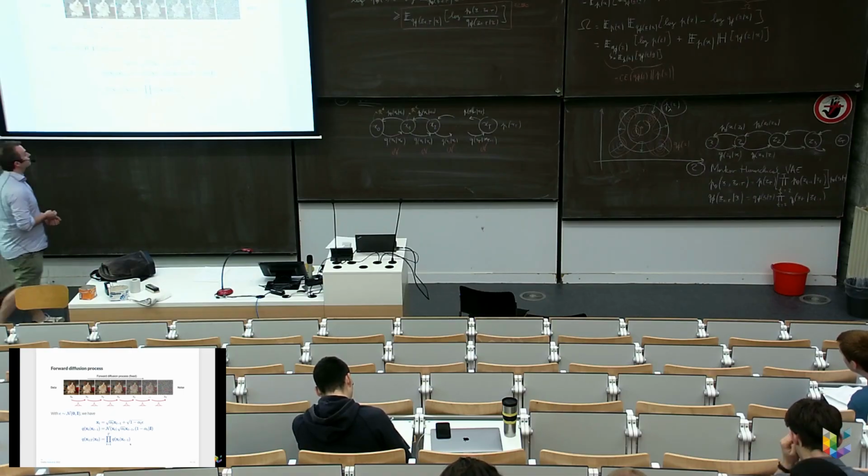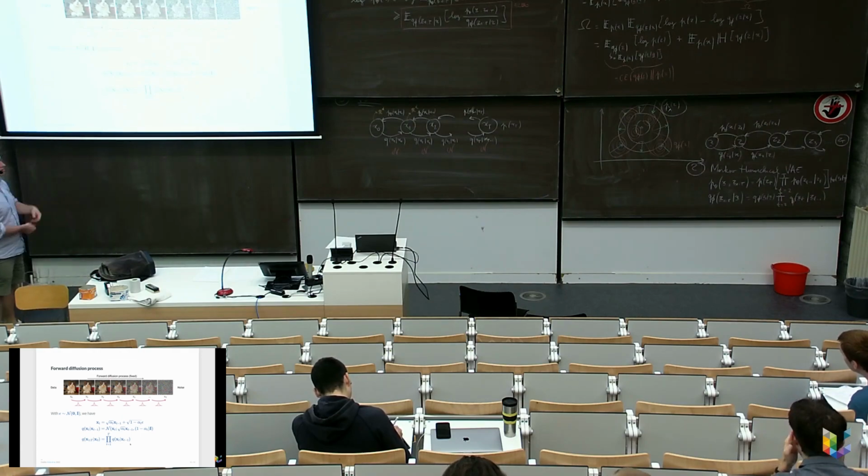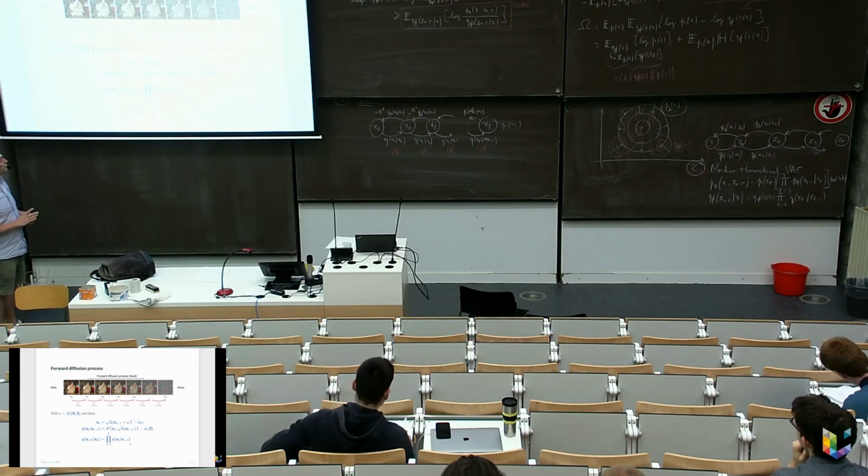So we'll schedule the alpha t's, or the square root of alpha t's, such that it starts with some quantity, usually close to 1, and then as t goes from 1 to big T, the alpha t's will converge to 0.